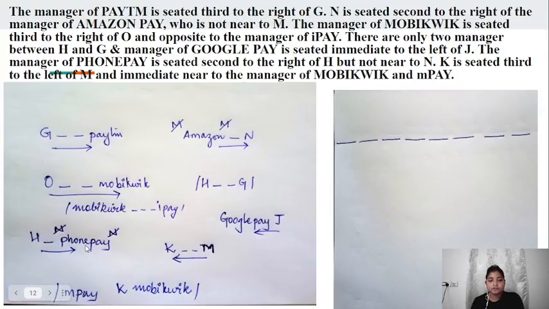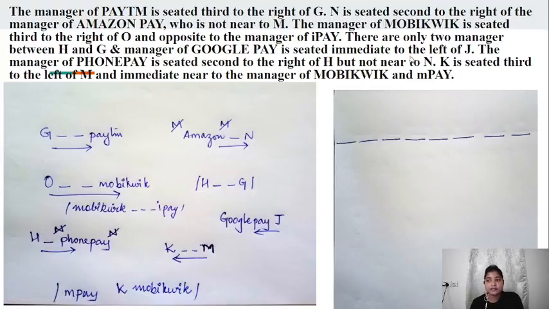Then manager of PhonePe is seated second to the right of H, but not near to N. So H, first right, second right, PhonePe, and then PhonePe, yeah, but not near to N. This "but not near to N" belongs to PhonePe, because they are not telling about H. So we will write N near to PhonePe and strike it down.